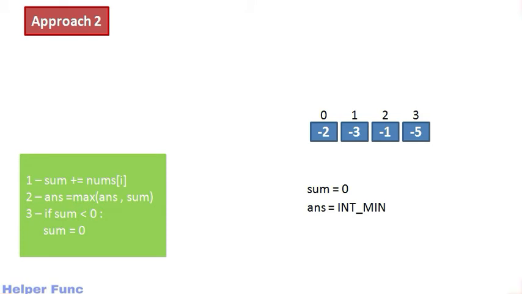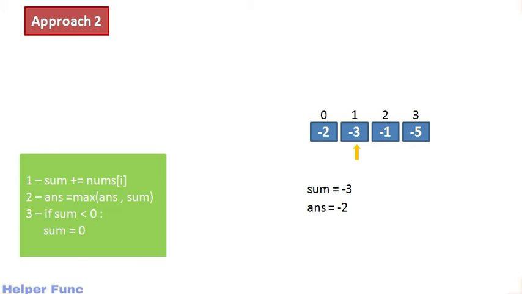Now let's take another example where every array element is negative. At first, we will add minus 2 to sum, and because it is greater than minimum integer, my answer will also be minus 2. Now because sum is negative, it's better to start fresh and thus we make it 0. Now in the next step, sum will become minus 3, which will have no effect on answer as it is lesser than answer.